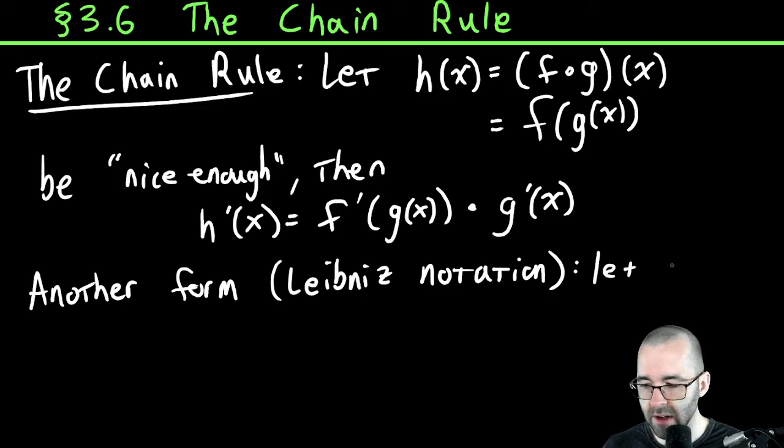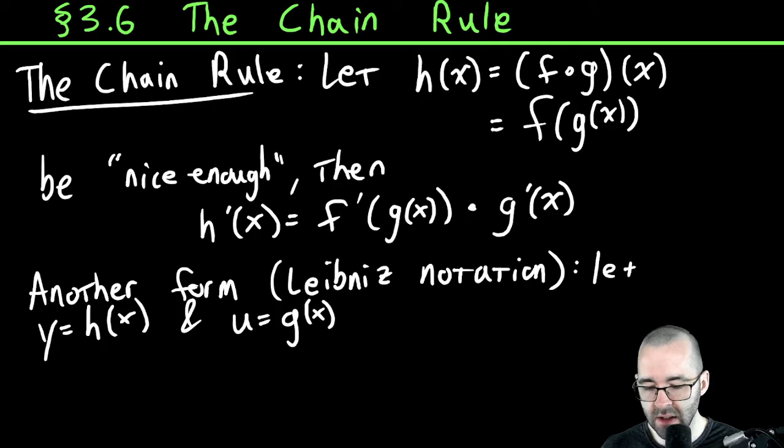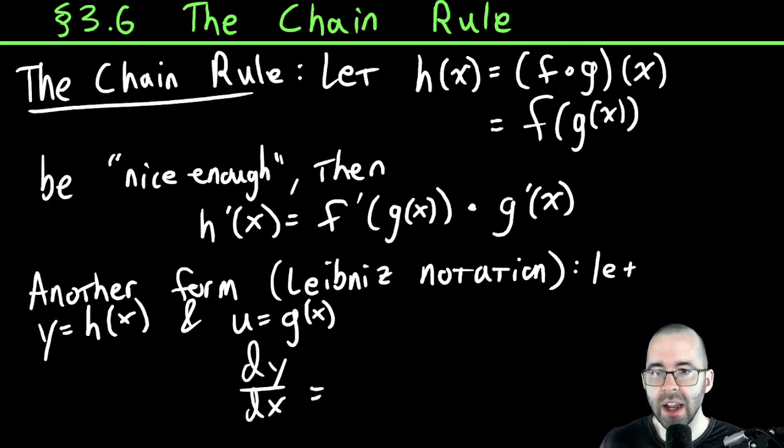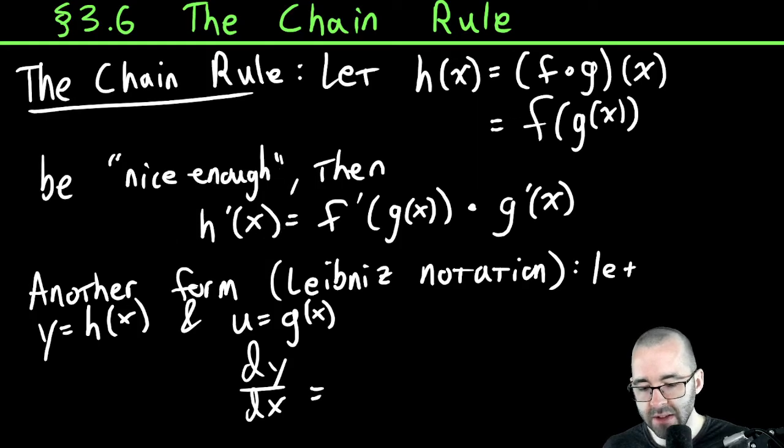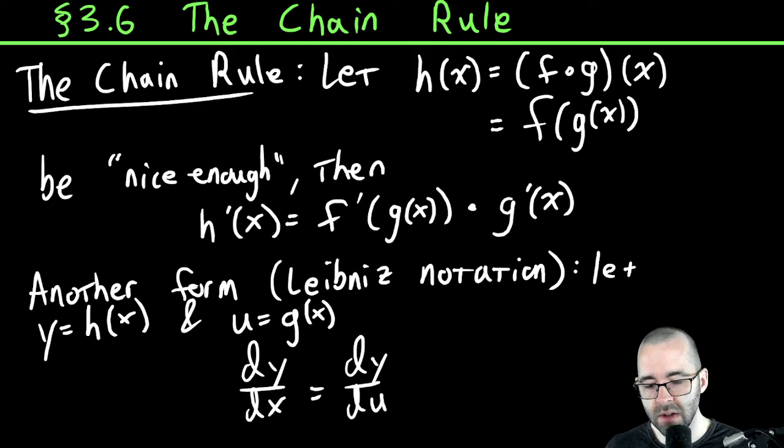If we let y be h of x and u be g of x, then the derivative of y with respect to x, again, if y is h of x, these are the same things, is the derivative of y with respect to u, again, that's the derivative of the outside function, times du dx.